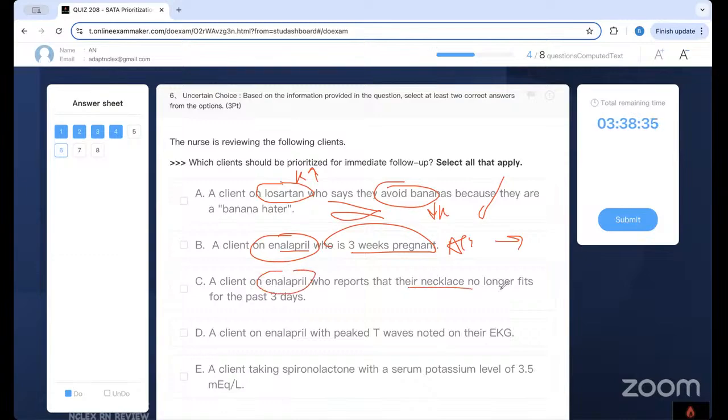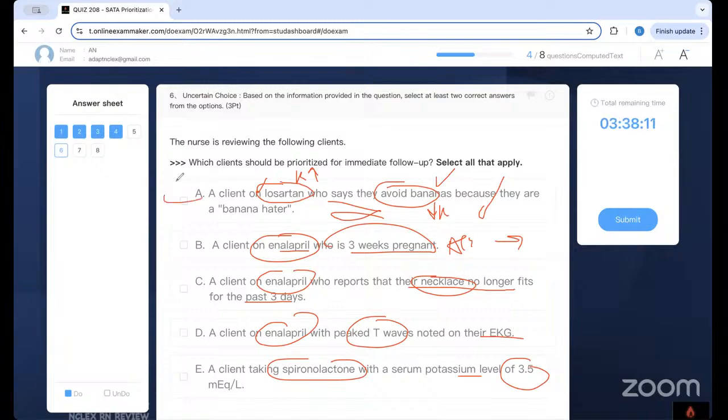Enalapril, and your neck is bigger. You can't put your shirt on; your necklace cannot fit. Well, what do you think? Enalapril, and I have a peaked T wave on my EKG. What do you think? Spironolactone, my potassium is 3.5. What do you think? Bring your content, right? Hyperkalemia problem, avoiding potassium, this is okay.